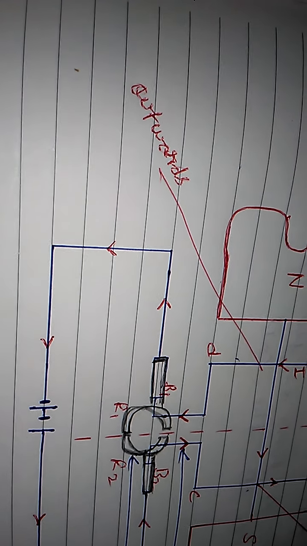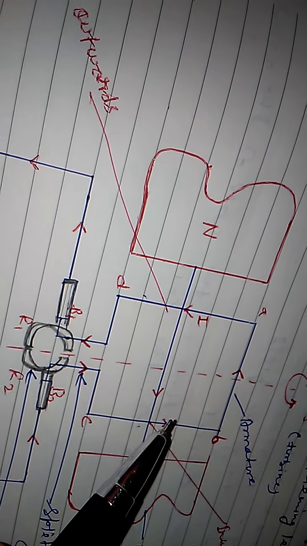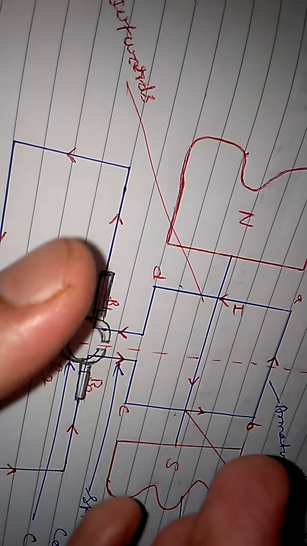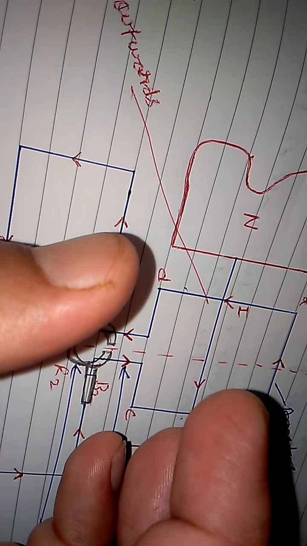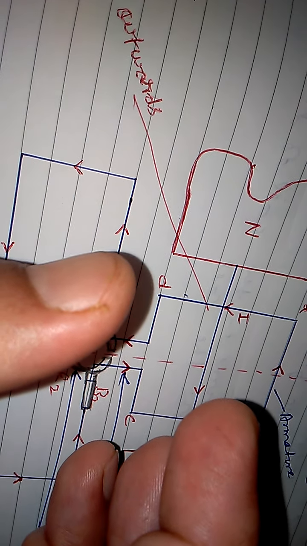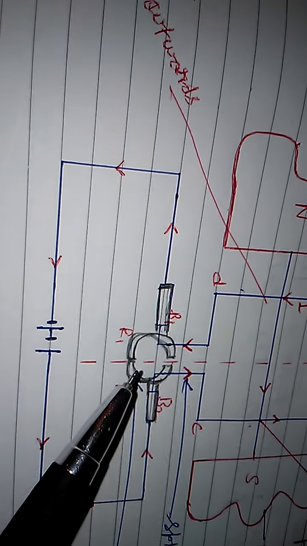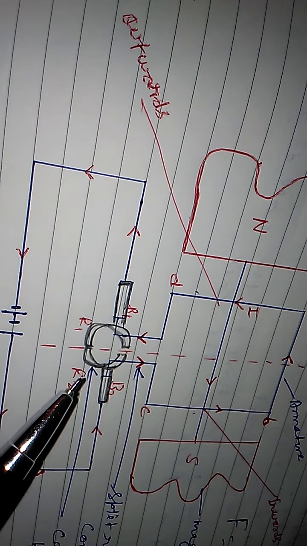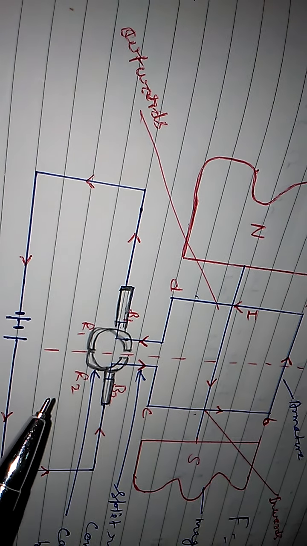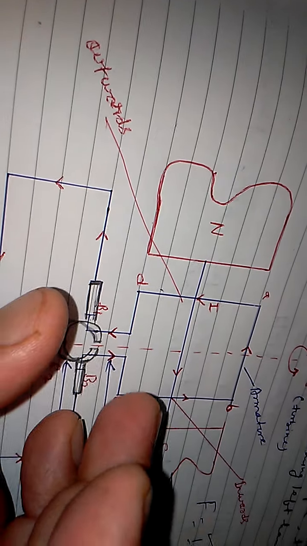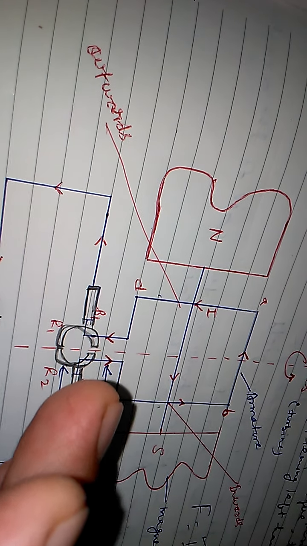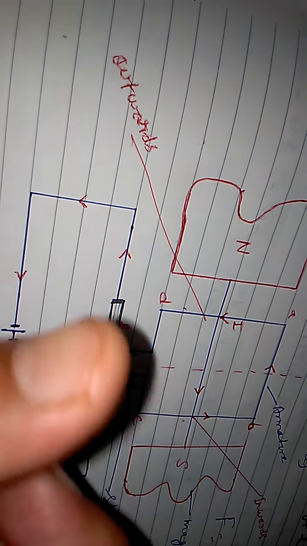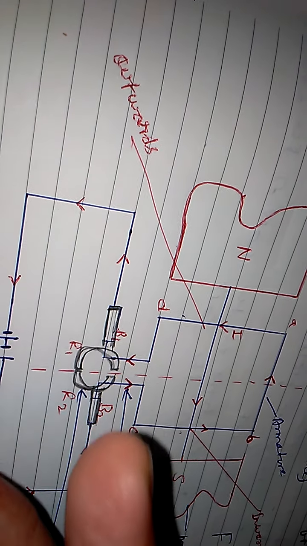Its function is only this, to change the direction of current within the coil after every half rotation. After every half rotation, once this coil experiences a force, a torque, or deflection, it rotates 180 degrees, and this is called half rotation. After this half rotation, the split ring or commutator changes the direction of the current. When the direction of the current is changed, again this coil moves for 180 degrees, one time in one direction, another time in the different direction.